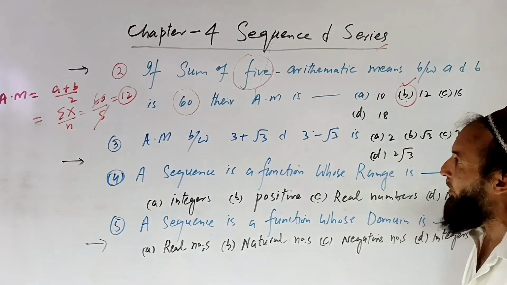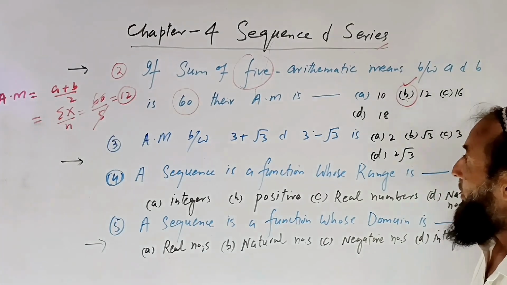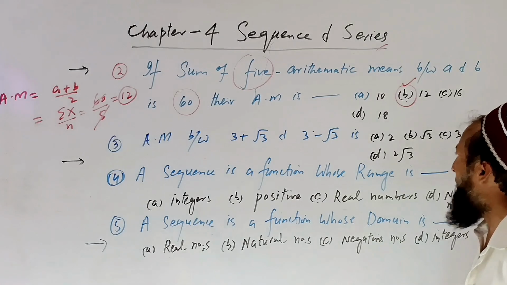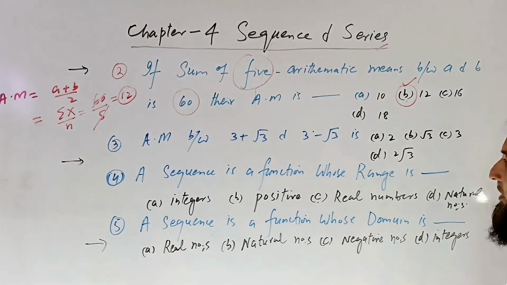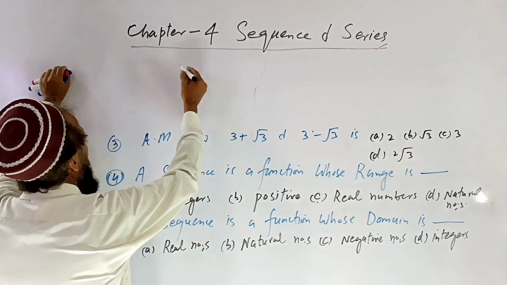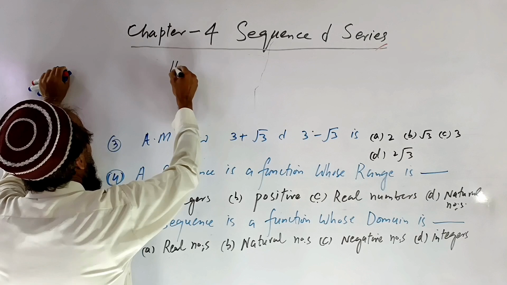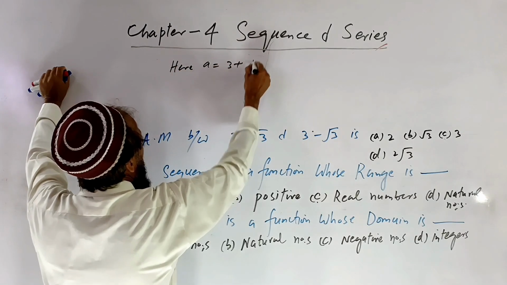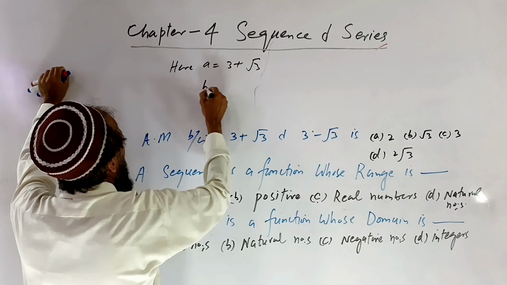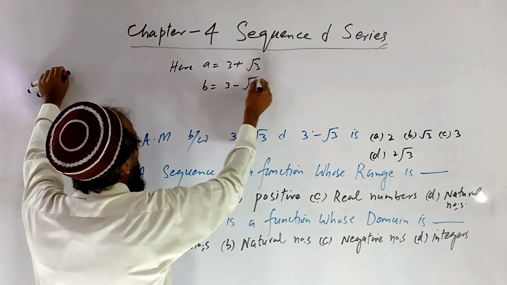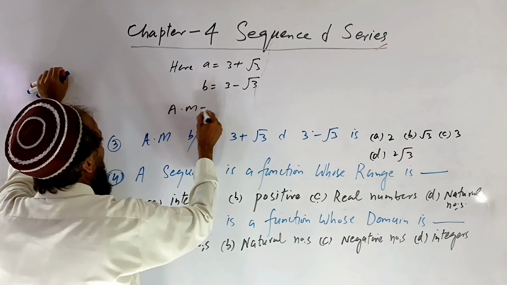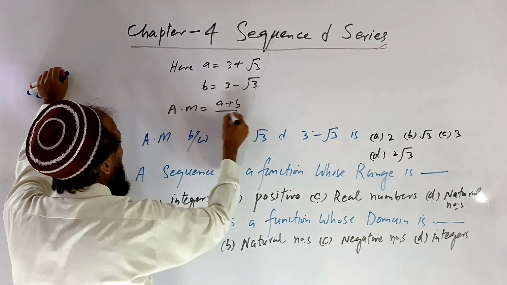According to this formula, the arithmetic mean between 3 plus root 3 and 3 minus root 3. What is the result? What is our example here? If we take A equal to 3 plus root 3 and B equal to 3 minus root 3, the arithmetic mean, as we know, is A plus B divided by 2.